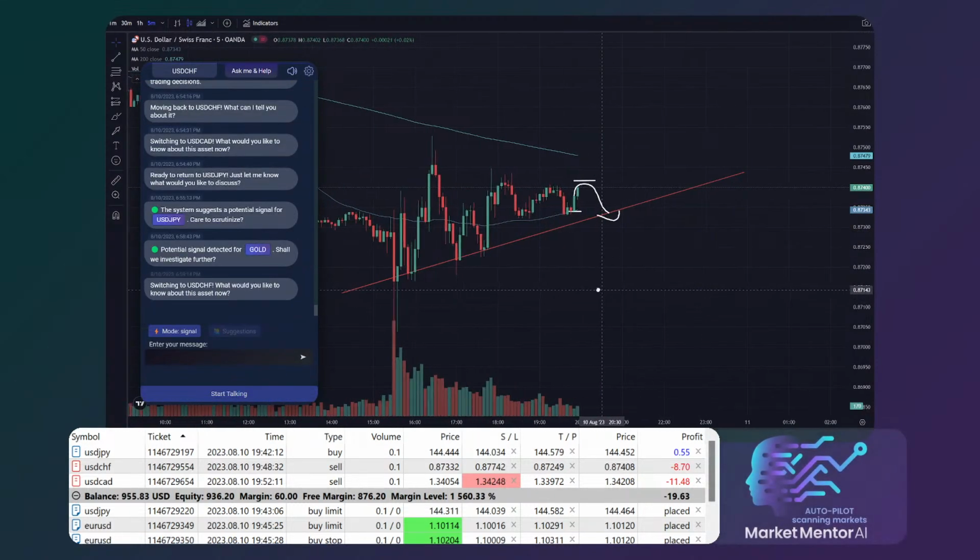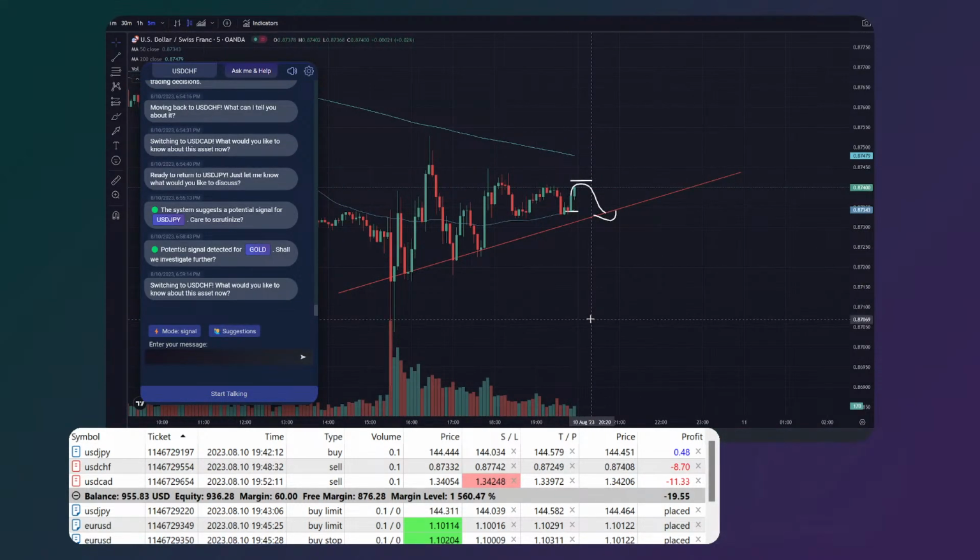Switching to USD CHF. What would you like to know about this asset now?